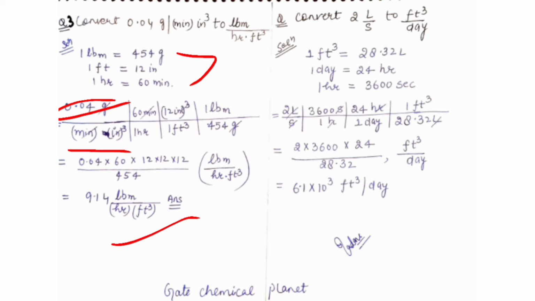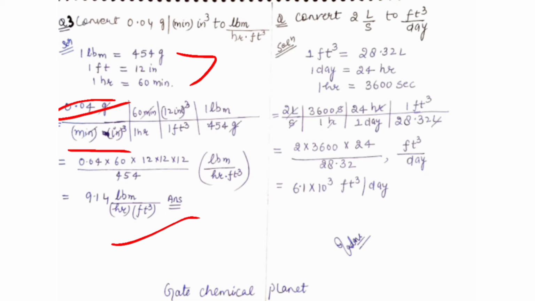So we have applied conversion for gram, minutes, and also for inches. Now our answer is 9.14 lbm divided by hour feet cube.